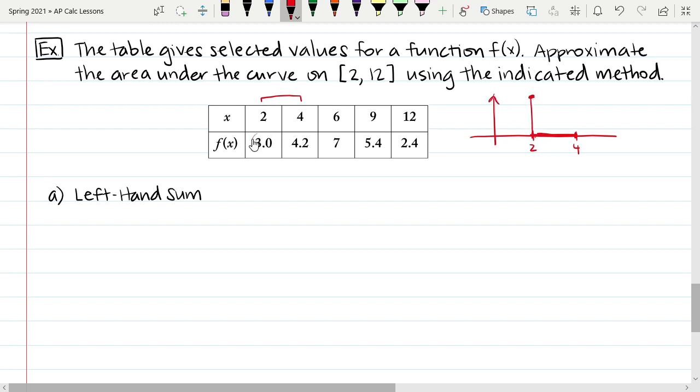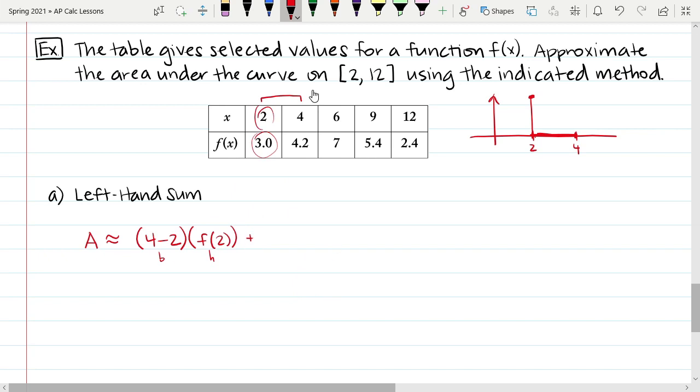So in other words, f of 2. So for my left-hand sum, the area will be approximately, for the first rectangle, remember a rectangle area is base times height. Well, the base is going to be the distance between the x's, so 4 minus 2. So that's the base. And then times the height. And remember, the height is going to be f of 2 because that's the left endpoint.